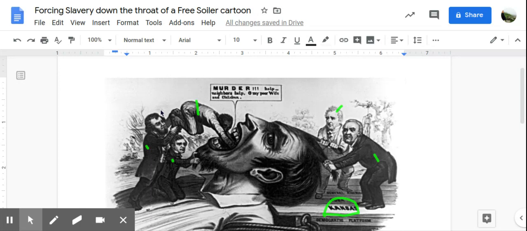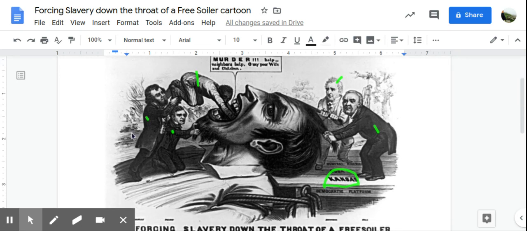Lincoln is a Republican, and Lincoln will win the election and become the 16th president of the United States. Douglas is for slavery and for slavery expansion. All of these guys are supporting the South more than they're supporting the end of slavery, simply because of their allegiance to that particular party.